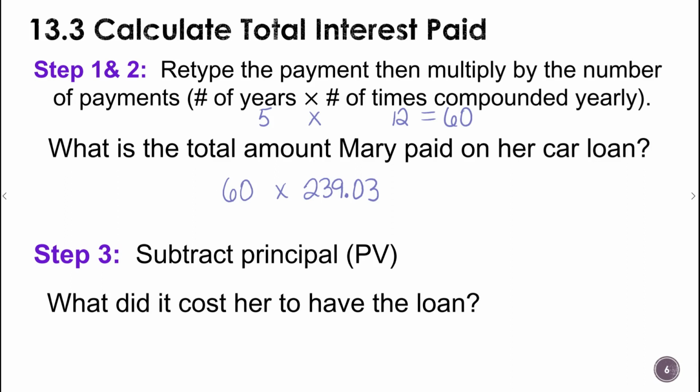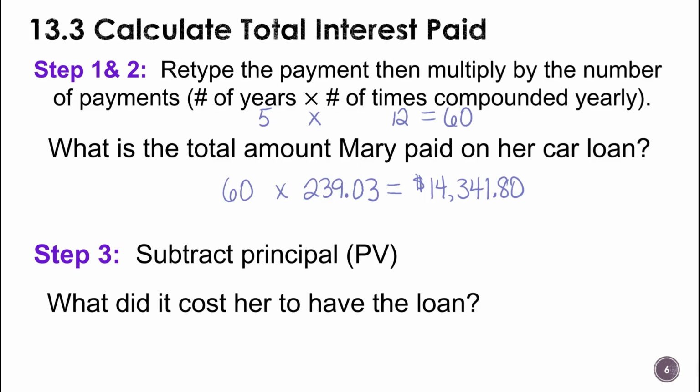Don't keep it on your calculator, key it in. That gives us the total amount that the loan cost: $14,341.80. So that's the total amount paid on the loan.